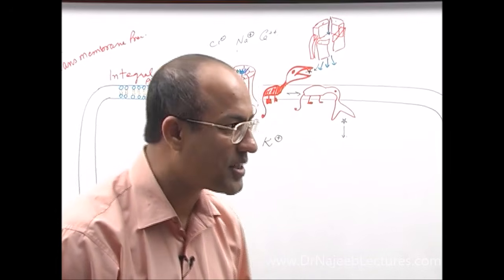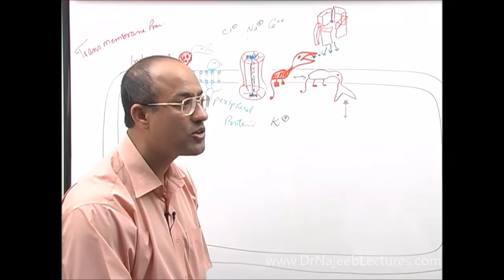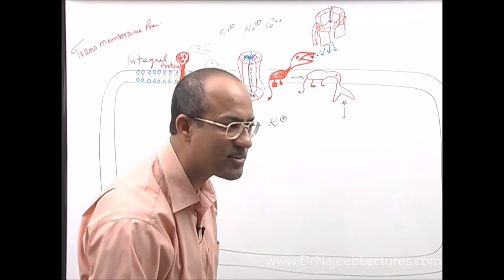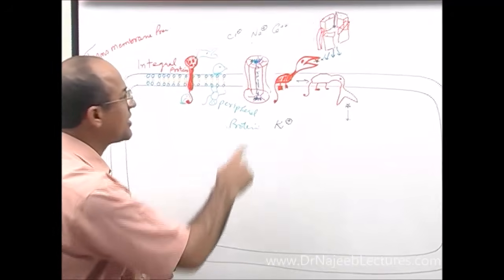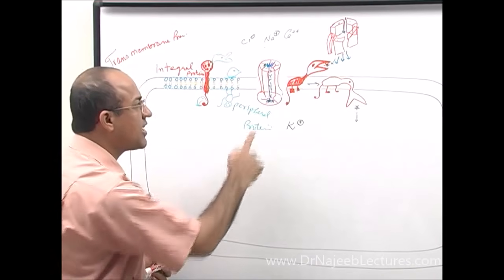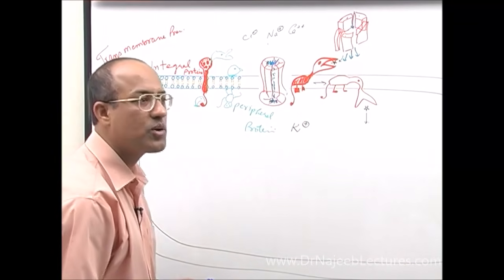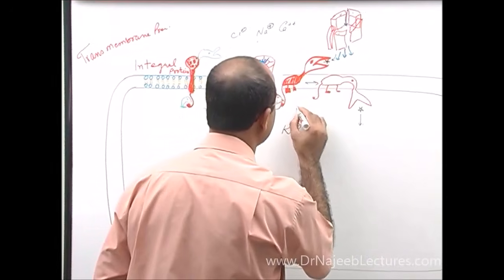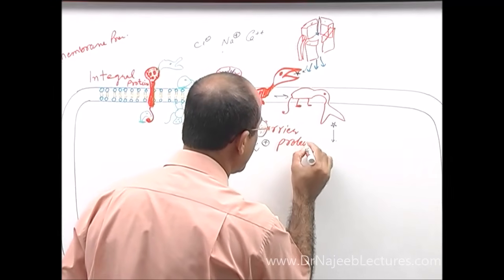Is that right? But they are very specific. Some carriers are only for one substance. There are other carriers which are only for other substances. They are specific in what they will transfer. So this is the second type of integral protein. Some integral proteins work as channels, and the other integral proteins work as carrier proteins.